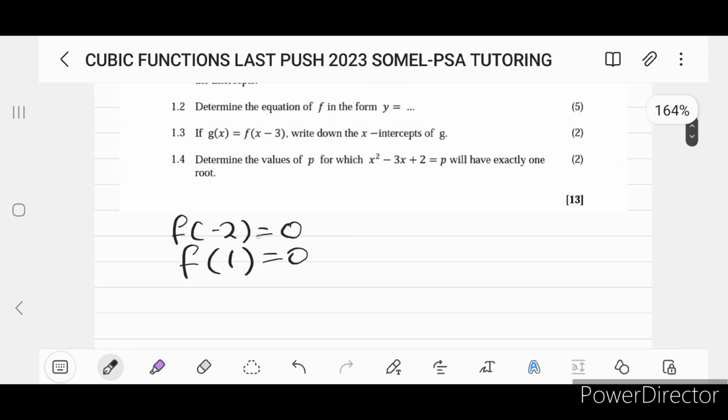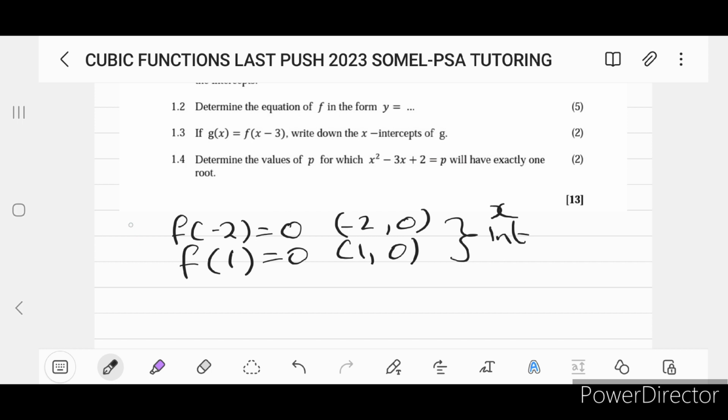This means that when x is -2, y is 0. When x is 1, y is 0. So these are the x-intercepts.